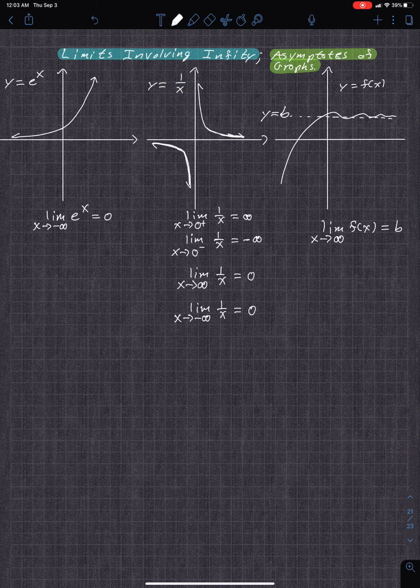Now, what I haven't talked about is approaching infinity. If you take the limit of x squared as x approaches infinity, the graph just goes off to infinity. So it's infinity. I'm not really going to define that, but it's another case you do see. Let's delete that.